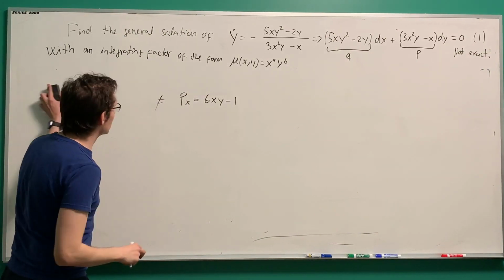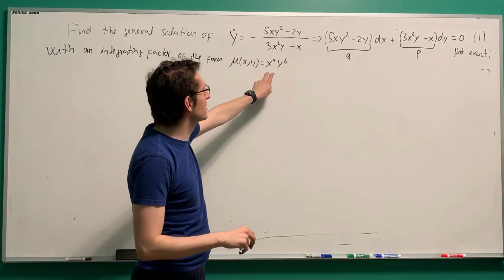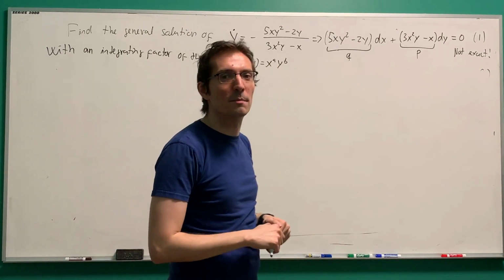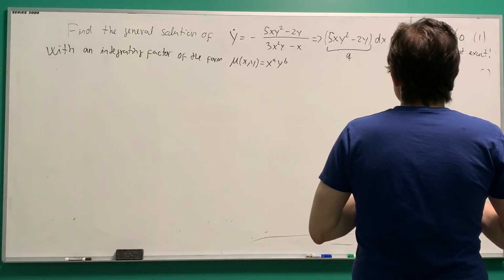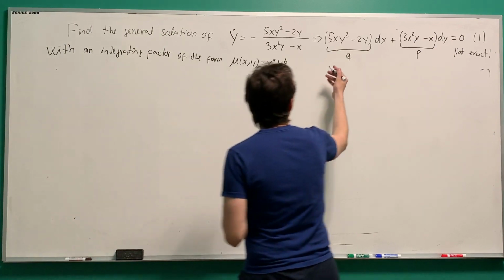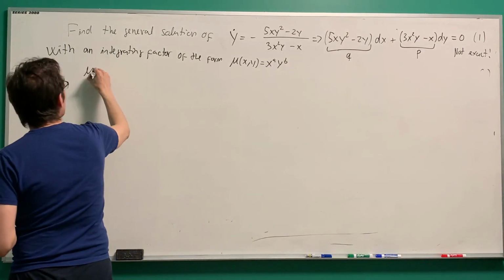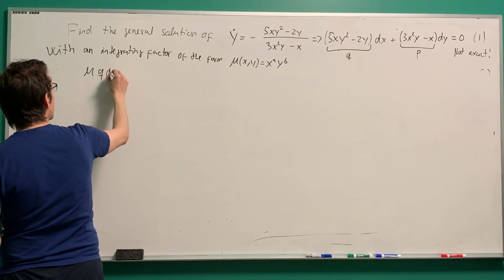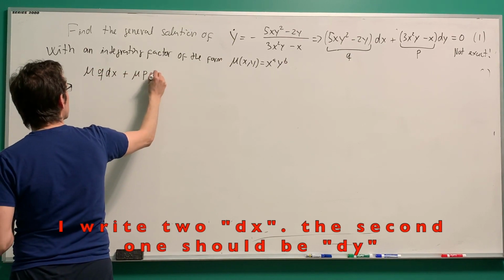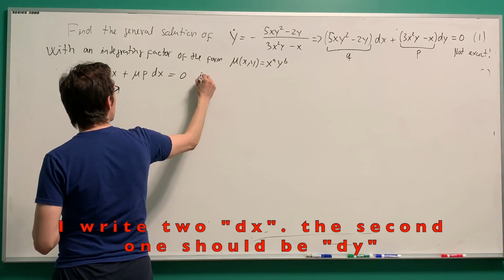But the exercise also tells me that maybe there is an integrating factor that is of the form x to some power times y to some power. Okay, let's see. That would mean that if I multiply mu times Q dx plus mu times P dy, then that thing equals 0 is exact.